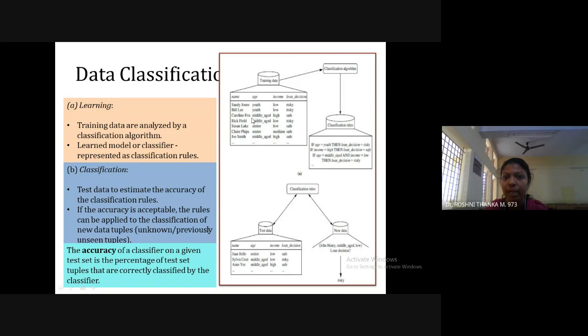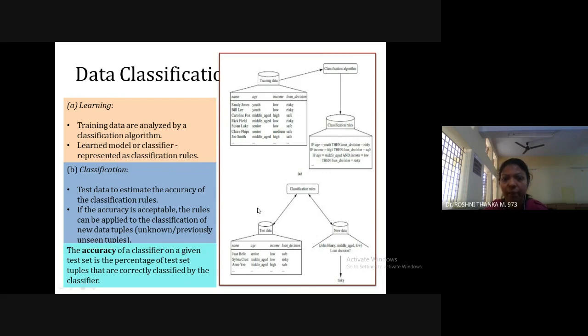If the age is middle age and income is high, then safe to give a loan. If the age is middle age and income is low, then it is risky to give a loan. Likewise, we have a lot of input data in the training data, and when we apply algorithms, they frame a model by specifying many classification rules.